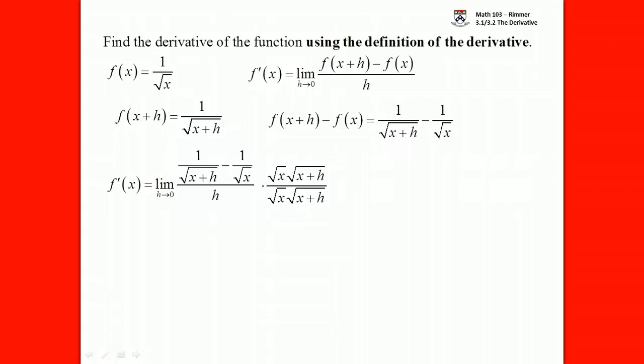And what does that give us? Let's work it out. When you have 1 over root x plus h and you multiply it by the root x times root x plus h, what does that give you? I'm distributing this across here, and I'm asking, what do I get?